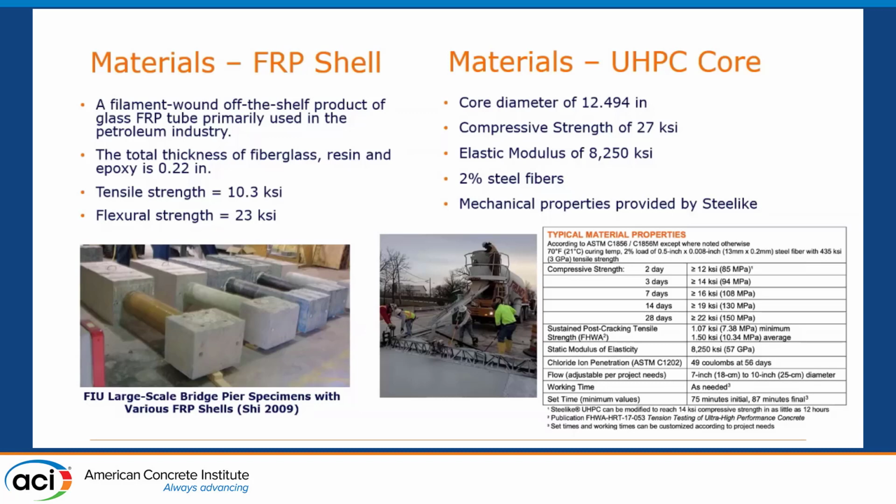So we have the strength here, 10.3 KSI in tensile strength or 23 KSI in flexural strength, and the tube thickness is 0.22 inch, and the outside diameter is around 12 inch.